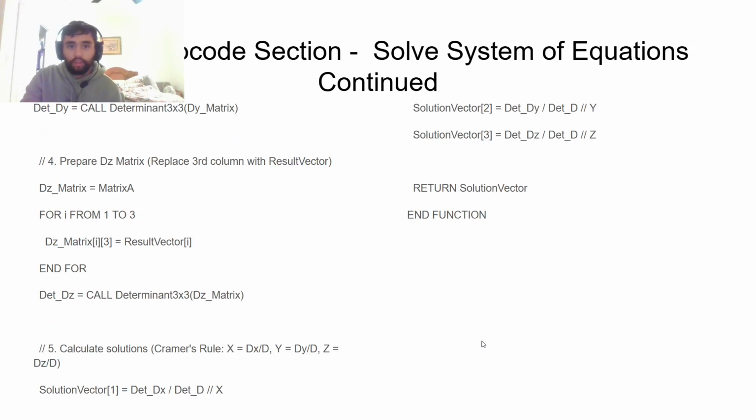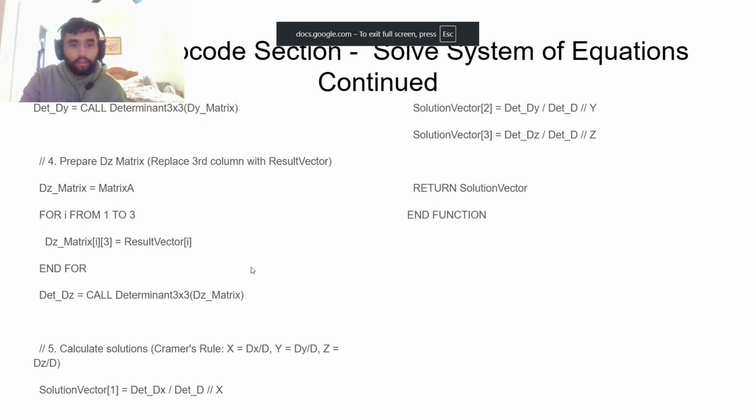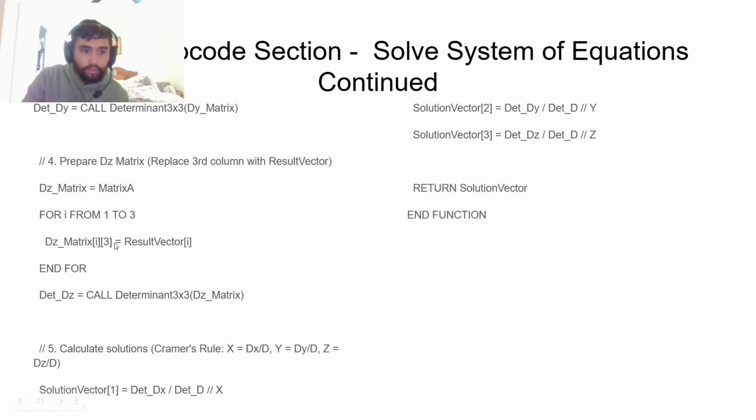And then after that, it defines the X and Y determinants. After all the matrices have been determined and all the determinants are defined for x, y, and z, it gets the x, y, and z values and then returns it as a solution vector or a solution array.